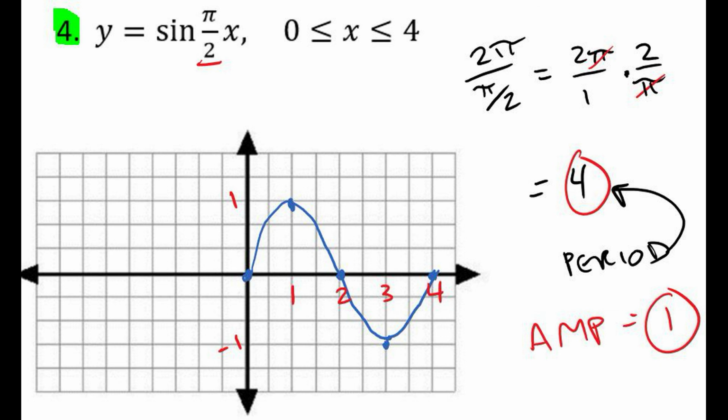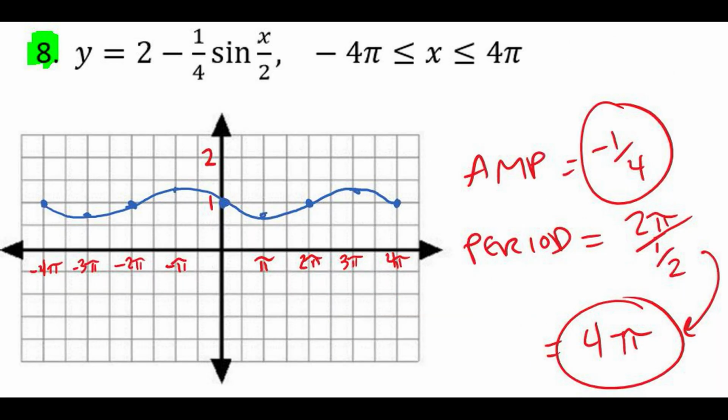So our period is going to be 4, so it's going to do a full cycle within 4 units. And that makes it really convenient since our graph goes from 0 to 4, so it's going to do 1 cycle. So amplitude is 1, we didn't change that, and the period on this is 4, and that's how I got this graph. All right, so let's look at number 8.